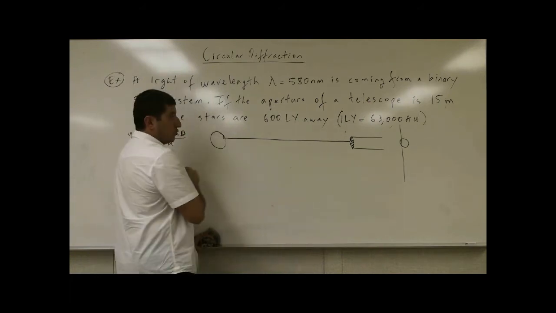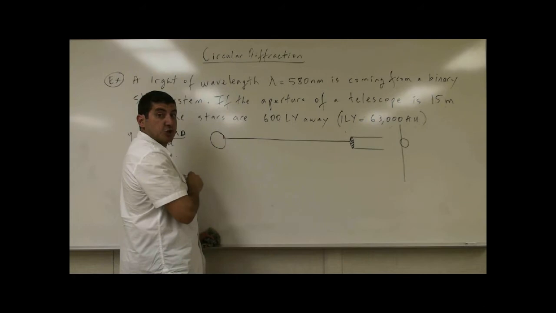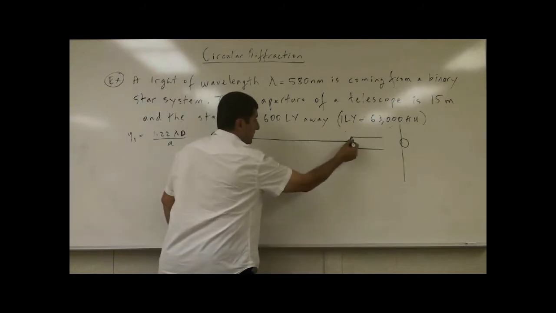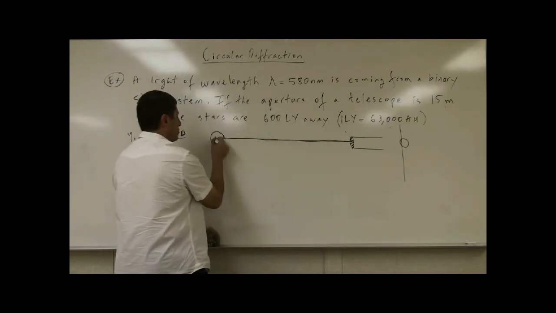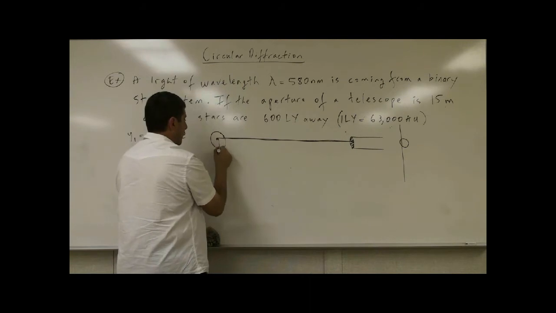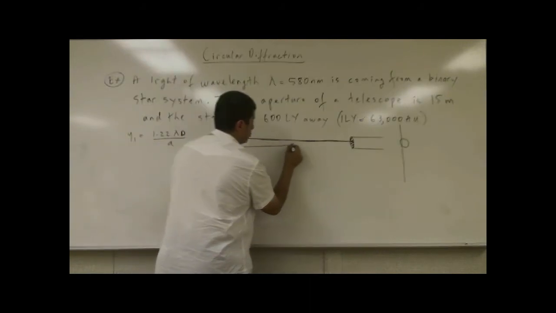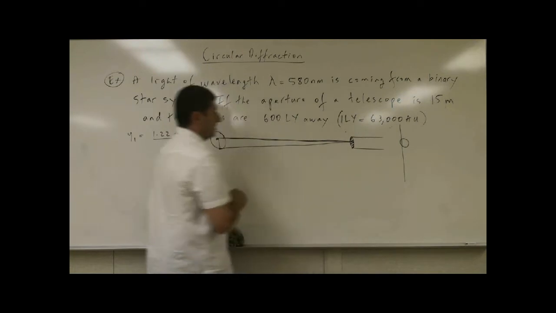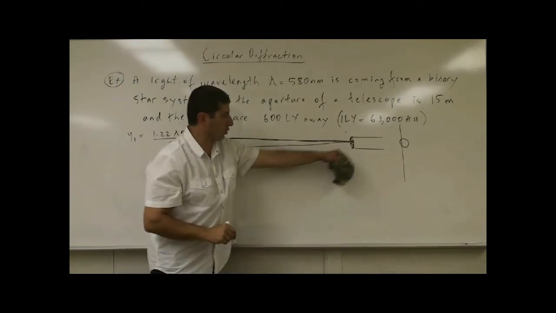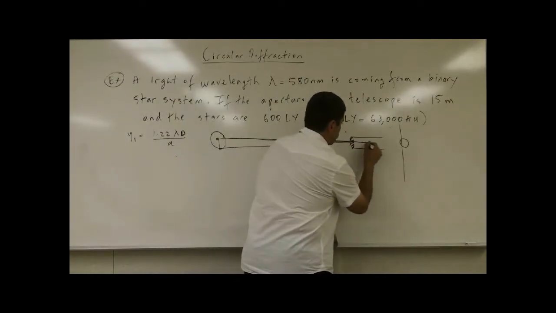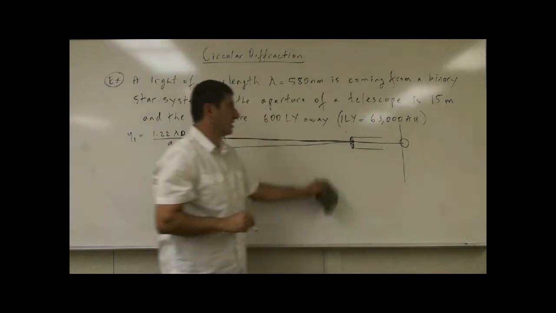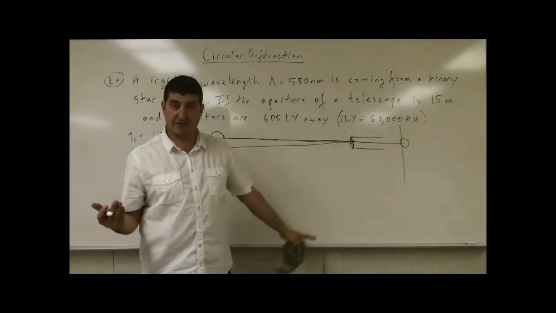Now we can say that these are similar triangles. The distance from the center of the star to the center of the opening, and then we can draw this distance from the opening of the telescope to the back of the telescope.